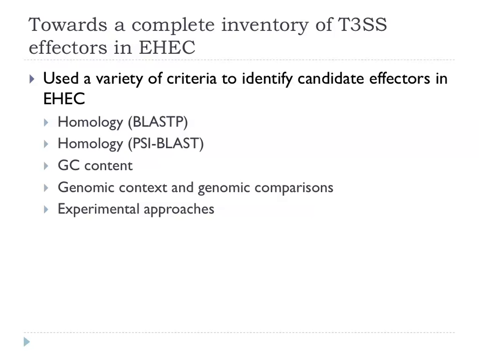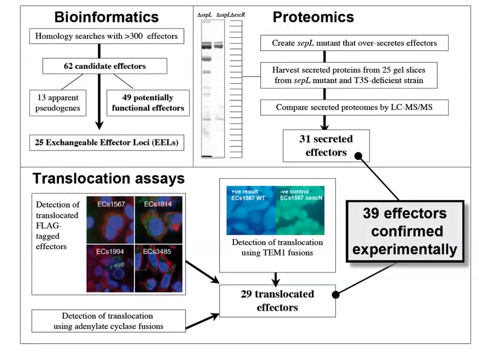We also brought in some experimental approaches. We did a little bit of that here. A lot more was done in Gad Frankel's lab and in Toru Tobe's lab in Japan. What we found when we put all this together was that there were actually a large number of new effectors out there. With the homology searches, we found 62 candidate effectors.